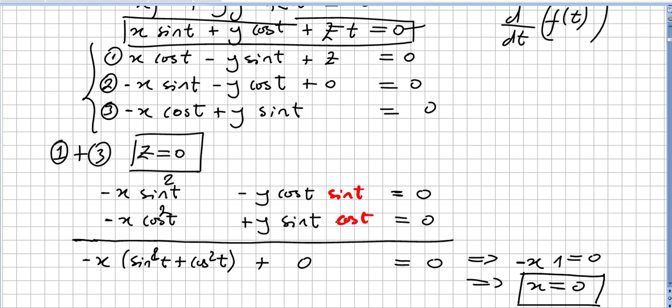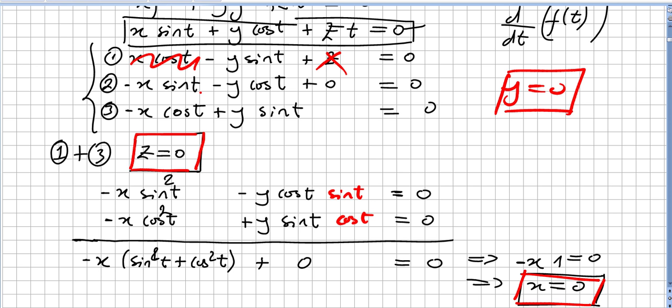Well, you have lots of ways to finish this off. Because knowing that z is 0 and knowing that x is 0, you come, for instance, here. Now z is 0 and x is 0, so this one will be 0 only if y is 0.